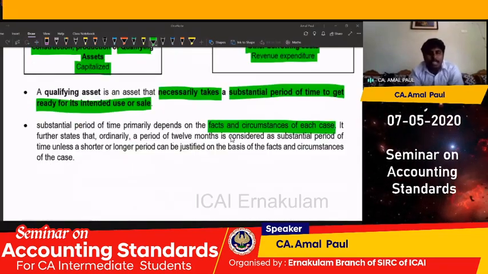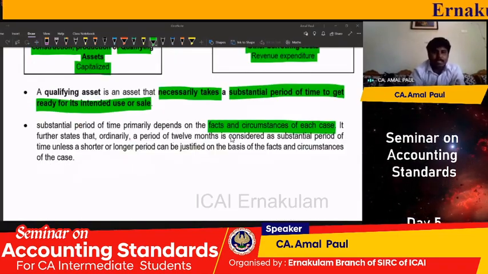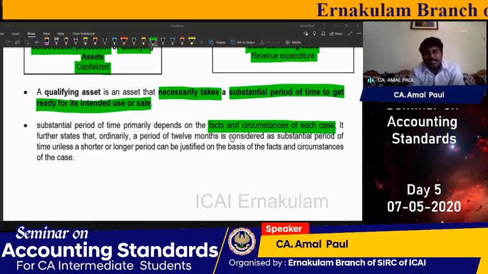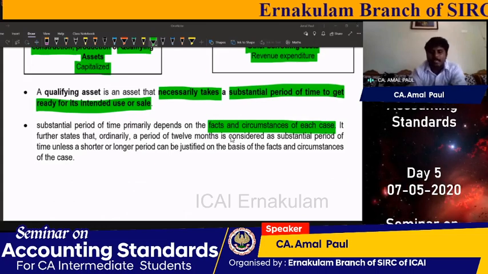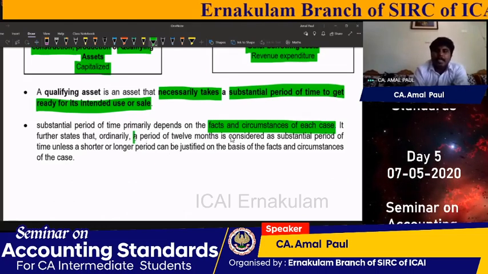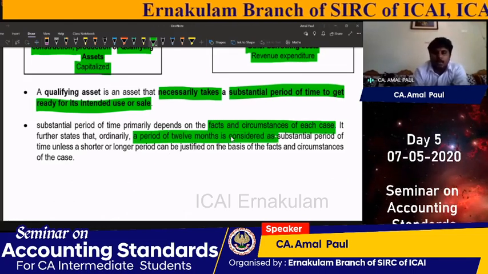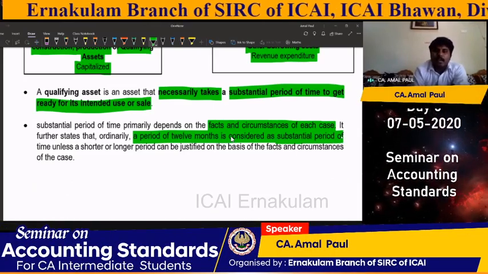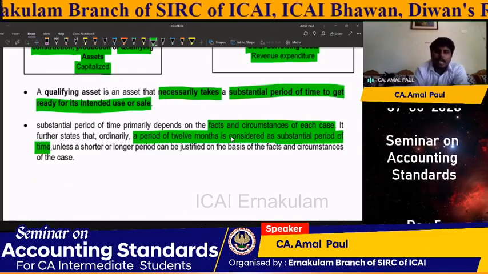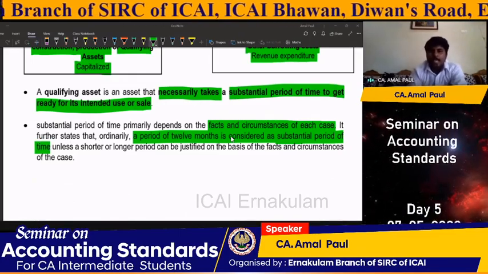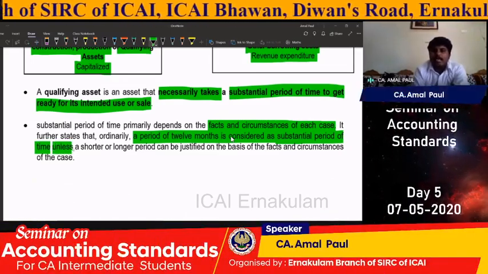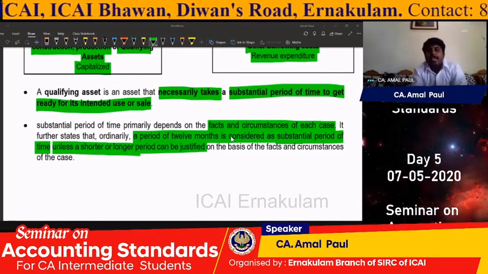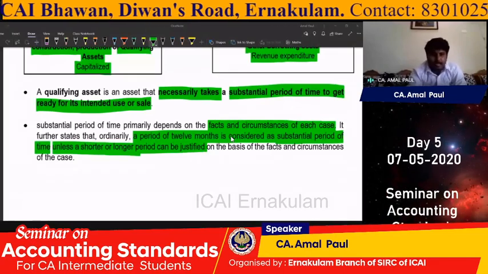They are not giving any definition, but a period of 12 months or more will be a substantial period of time for most enterprises unless a shorter or longer term can be justified based on facts and circumstances.